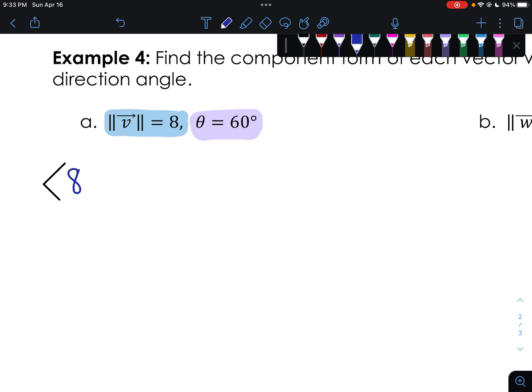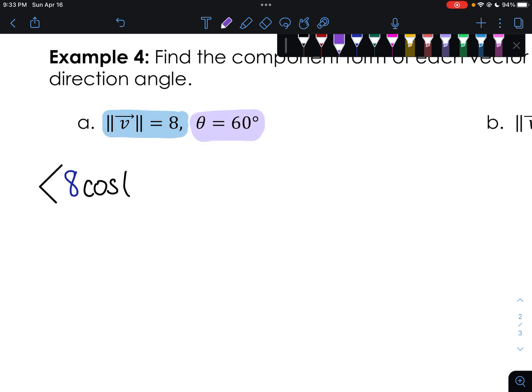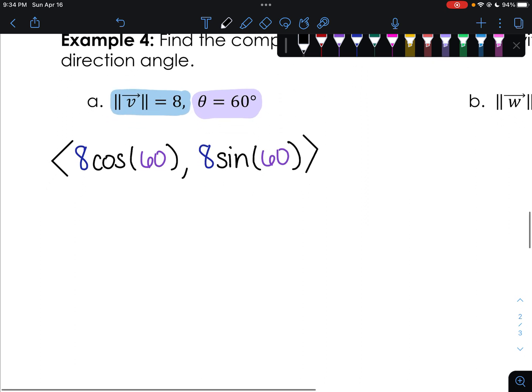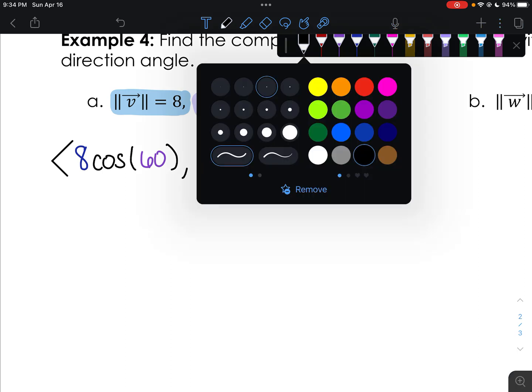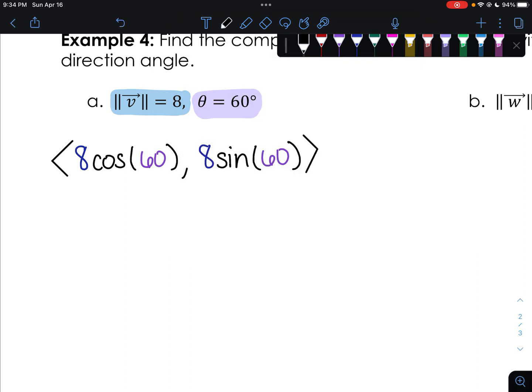8 times cosine of 60 degrees. And then we have 8 times sine of 60 degrees. And so now we work on evaluating. So what do we know?